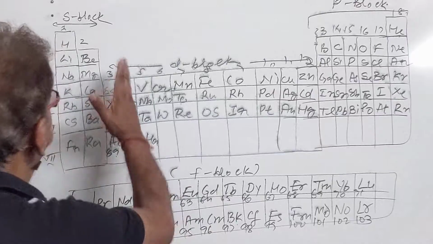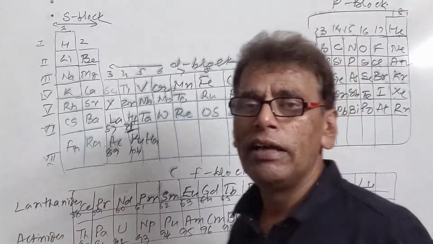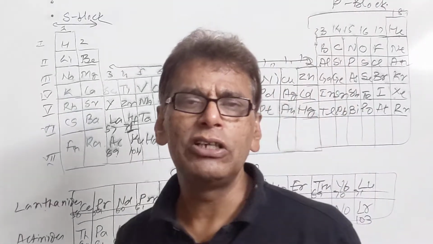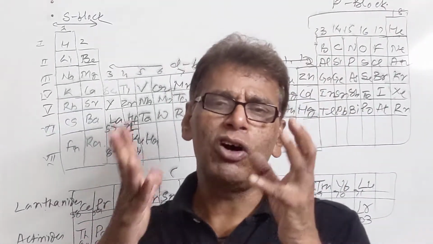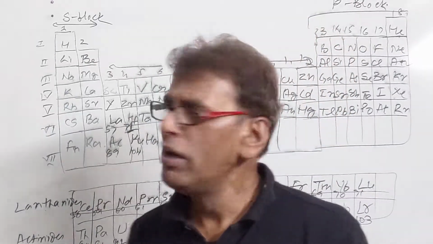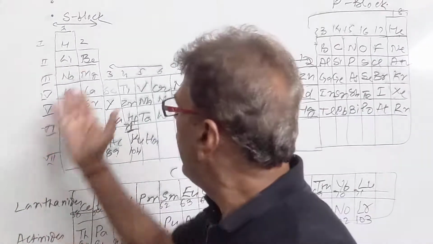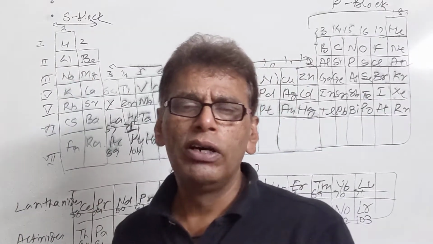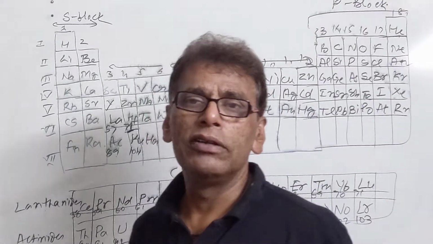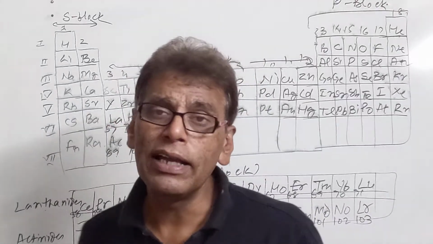And if we come to this part of the periodic table, on the left hand side we see the elements have more tendency to lose electrons, and this tendency of the element is measured in terms of ionization enthalpy. What is ionization enthalpy? It is the amount of energy required by an atom to lose an electron. The higher the amount of energy required, the more will be the hold of the nucleus on the valence electron.